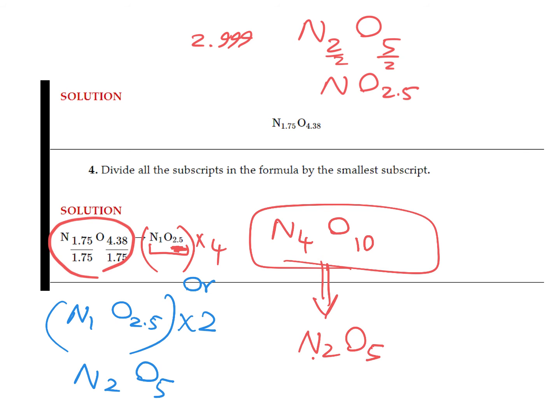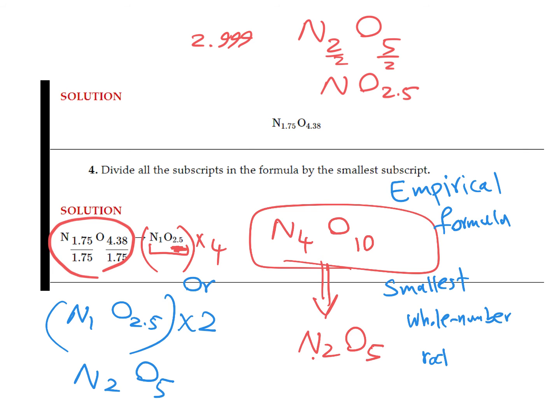Both of them give you the right answer. Just remember, when you're dealing with an empirical formula, you should have the smallest whole number ratio between atoms. So if you write it like this, remember to simplify it.